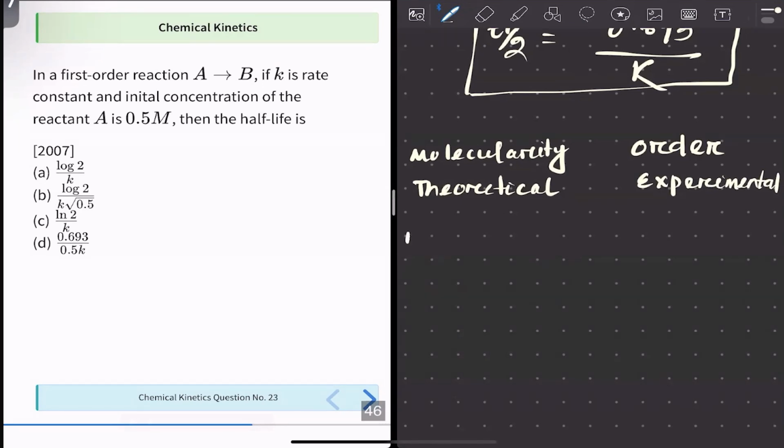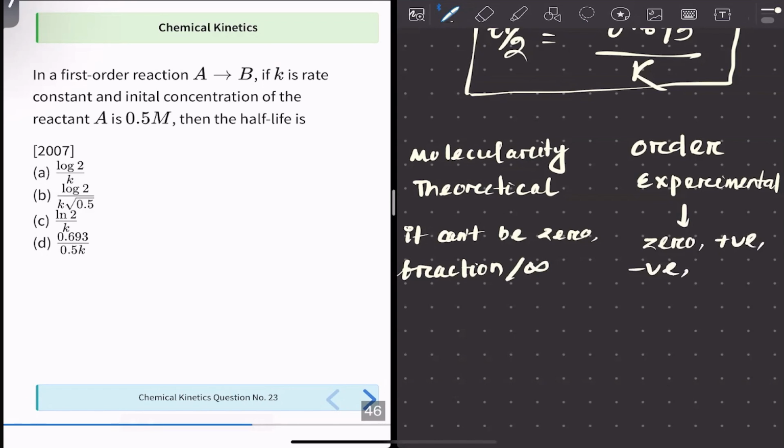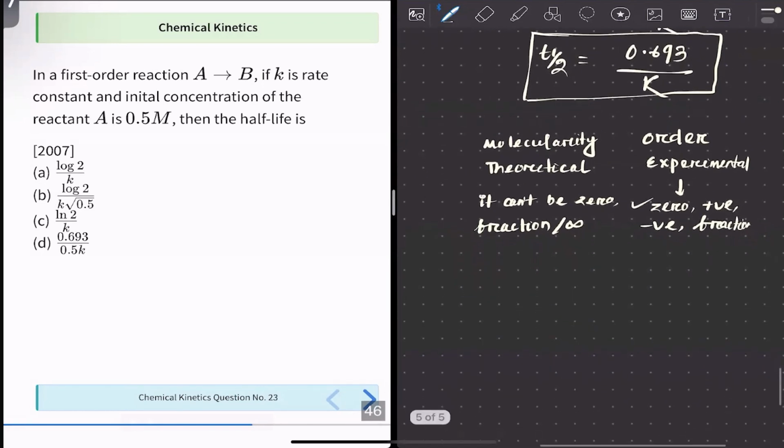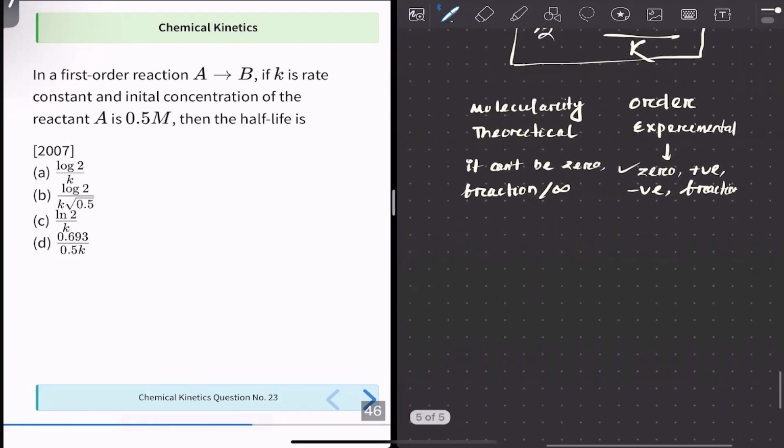So it can't be 0, fraction, or infinity. But order of a reaction can be 0, positive, negative, or any fraction. Okay. So let's move on to next question.